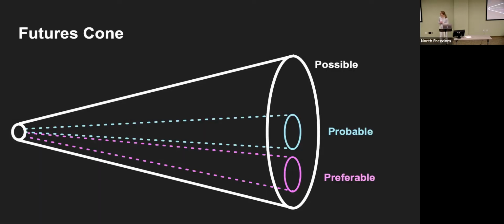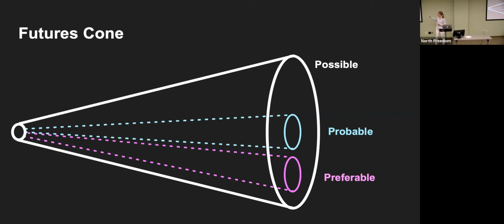So to showcase this, I have this lovely future cone. It's a great name, and it shows it because it's a cone. Oftentimes when we're designing our products, we focus in on a single path, when really if we think about possibilities of the future, as far as we know it, it can branch out into a number of possibilities, and a cone is a great way to illustrate that.